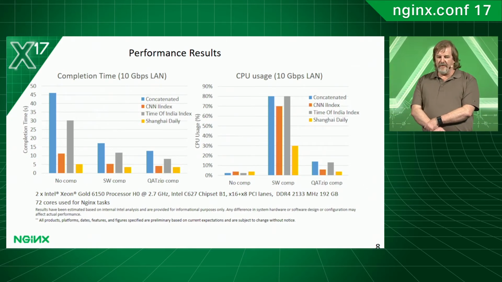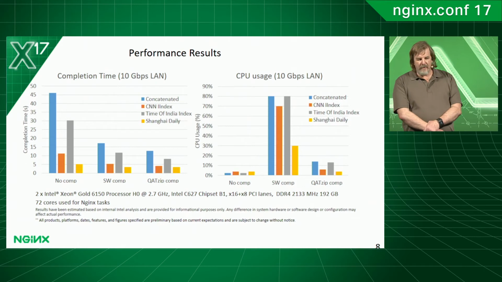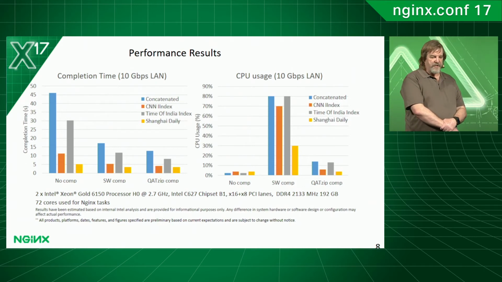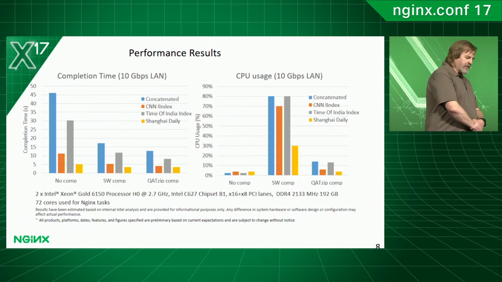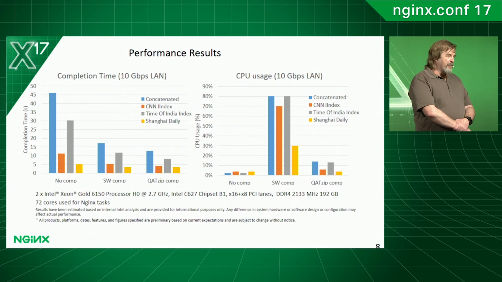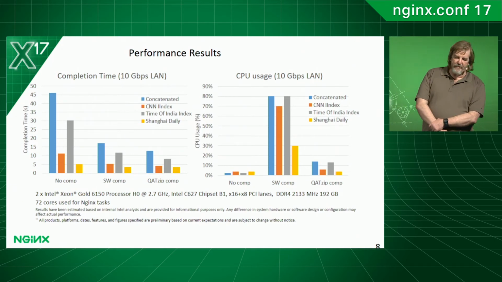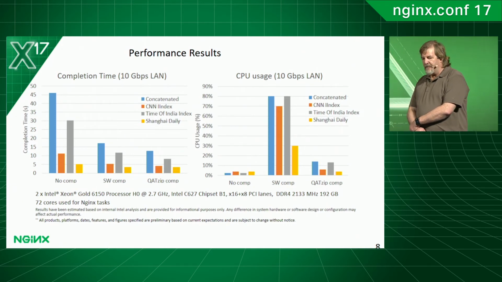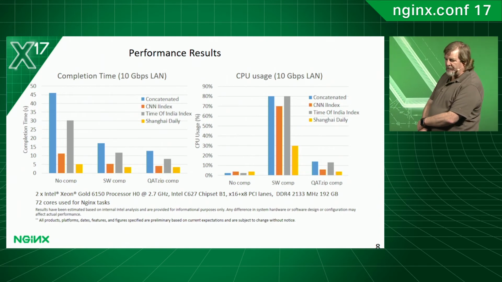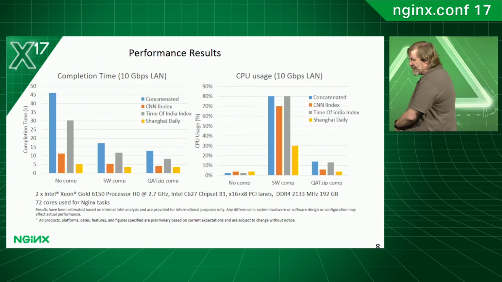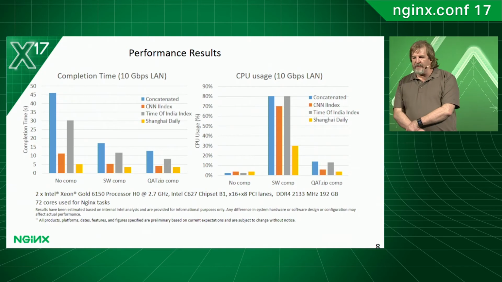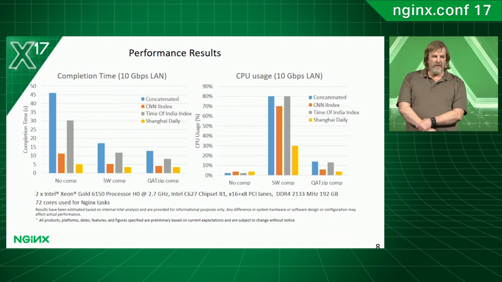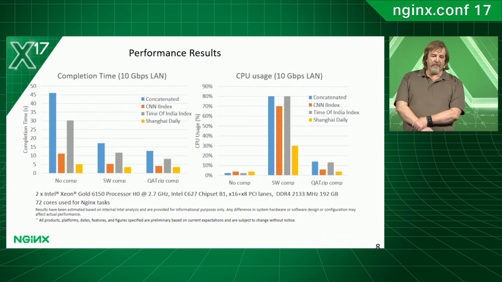You can see that the CPU usage goes from 4% if you're not compressing to 80% if you're running it through the standard deflate API, and like 13 or 14% using QuickAssist. And a good part of that 13 or 14% is the CRC32 combine.